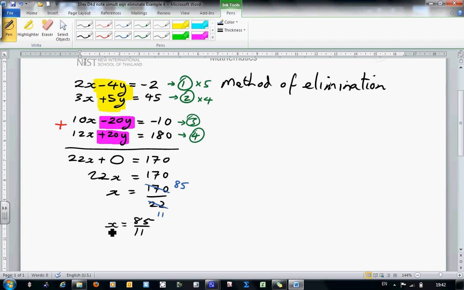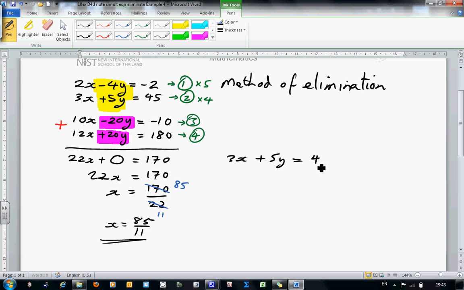Now that we know what x is, we can use that in any of the 4 equations that we have. I'm going to choose what looks like the simplest one: 3x plus 5y equals 45. And what's 3x?